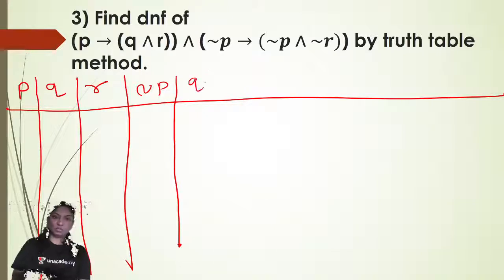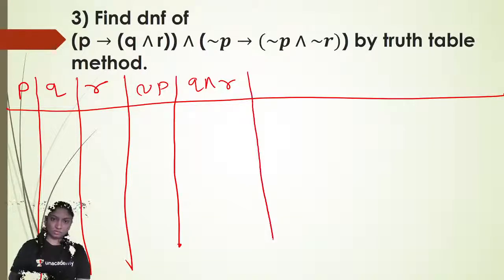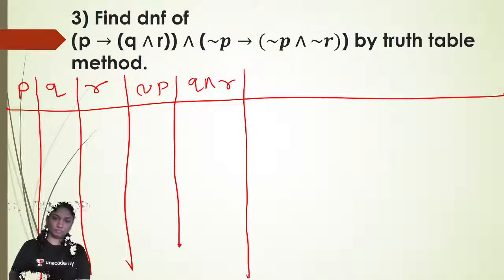Then we require Q and R. Then we require negation of P. First P implies Q and R. Okay.